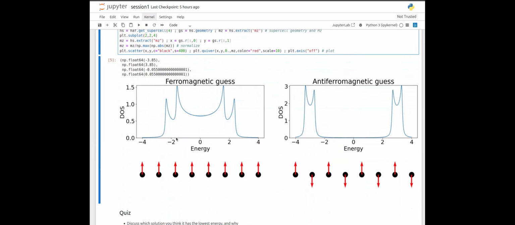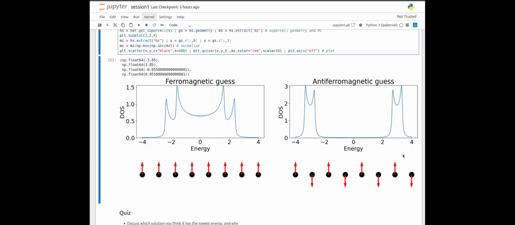So if we look at the solution with a ferromagnetic guess, our final obtained self-consistent solution is a ferromagnetic state. So it's a state that has spins pointing in the same direction in all the sites. And it has a density of states that is different from a one-dimensional chain due to the interactions.